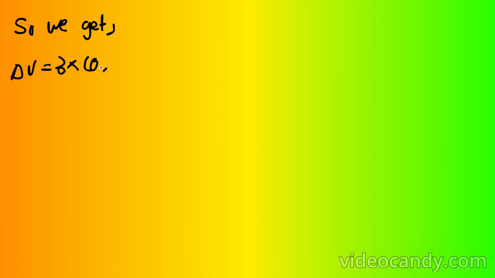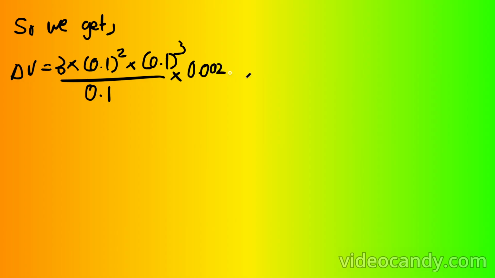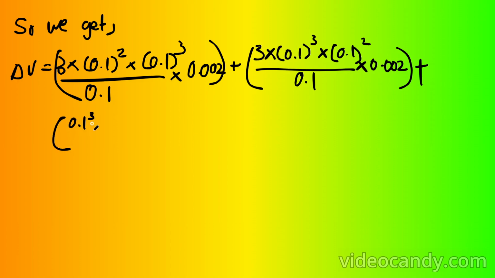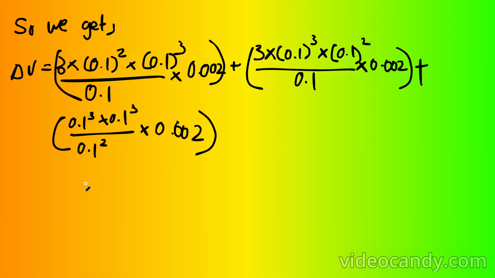So triangle u is 3 times 0.1^2 times 0.1^3 over 0.1 times 0.002, plus 3 times 0.1^3 times 0.1^2 over 0.1 times 0.002, plus 0.1^3 times 0.1^3 over 0.1^2 times 0.002.